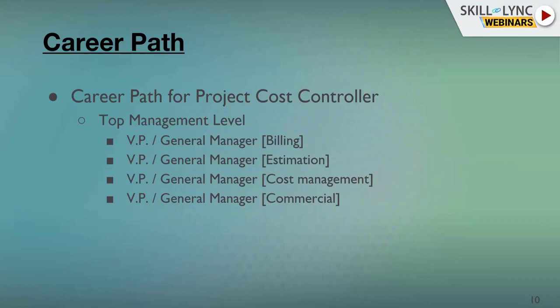Sometimes we call them head of the department for billing, estimation, cost management, commercial. This is a very important key position where the head of the particular department handles the end-to-end responsibility in terms of cost, so that the project delivers on time with the quality and budget.